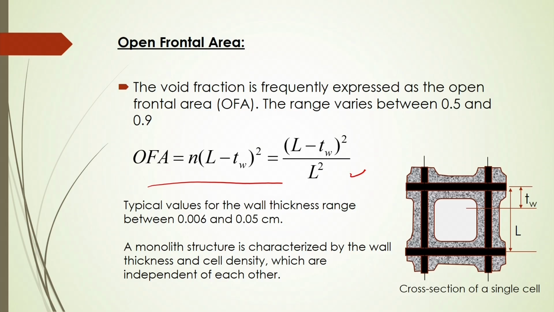So, you have to remember that though this cell density and this wall thickness are not related to each other, these parameters will give you the void fraction, that is called the open frontal area, which directly influences the mass transfer coefficient for that particular chemical engineering process.